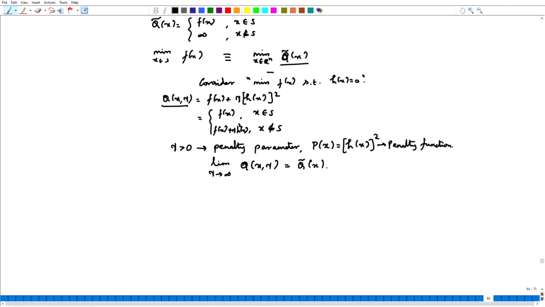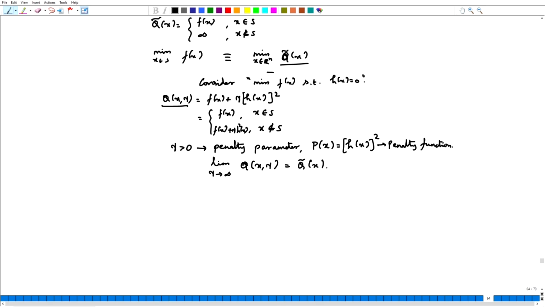So, for any given gamma, of course not when gamma is infinity, but for any positive gamma, however large it is, you can see that q of x comma gamma is differentiable, twice differentiable also, because we assume that f, g i, h j are all twice differentiable. So, q of x comma gamma is twice differentiable.